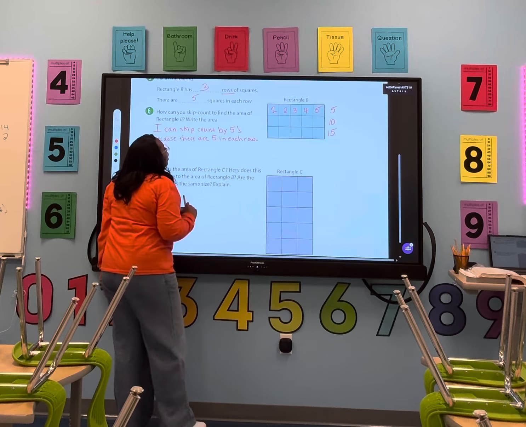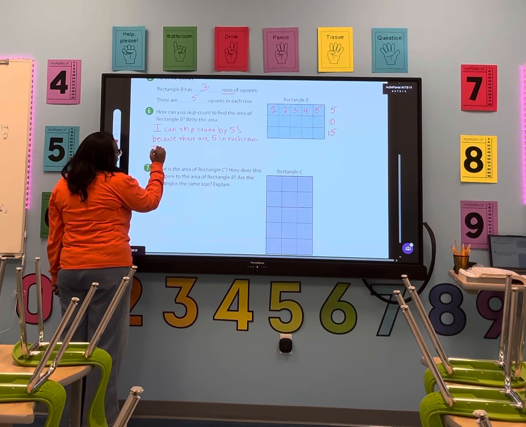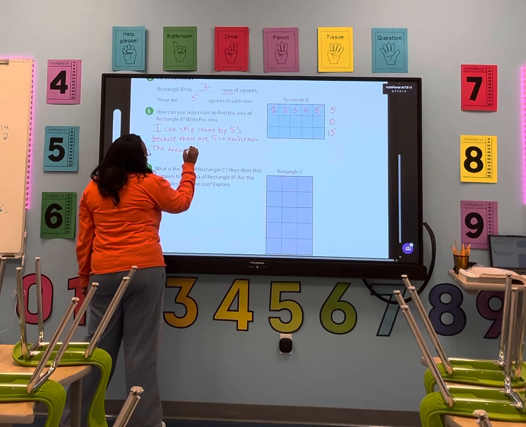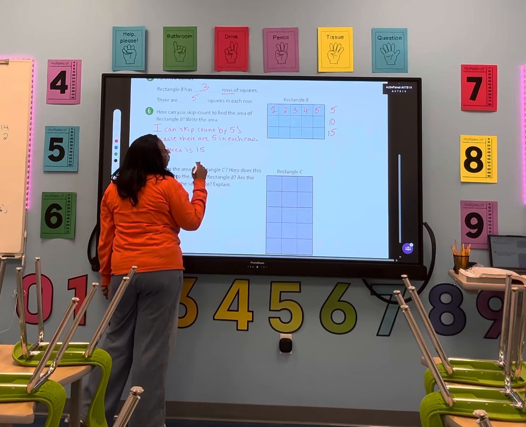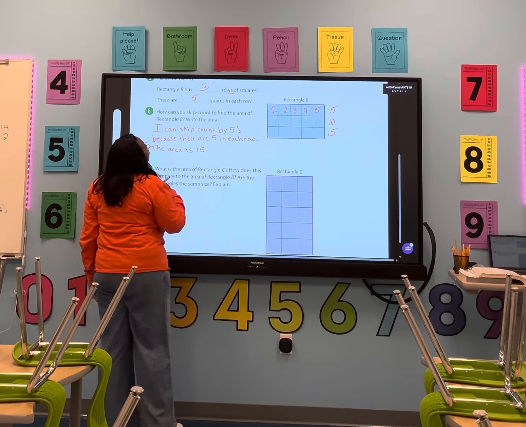And then it says to write the area. We now know that the area is 15. So the area is 15, and then you always put your units, square units.